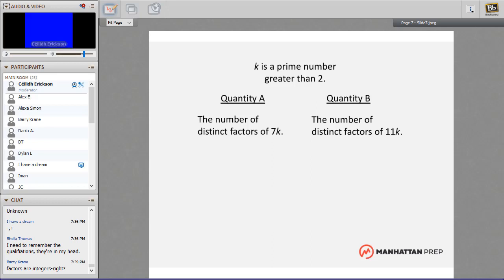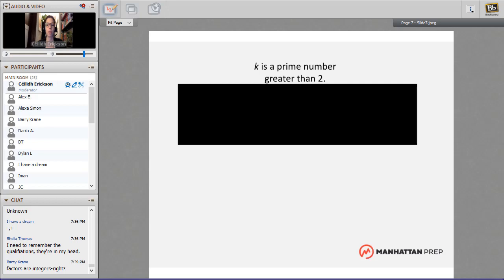So let's talk a little bit about terminology here, because that is really crucially important on the GRE. Ignoring this for a second, let's do some quick definitions. What is the definition of a prime? Divisible only by itself and 1.